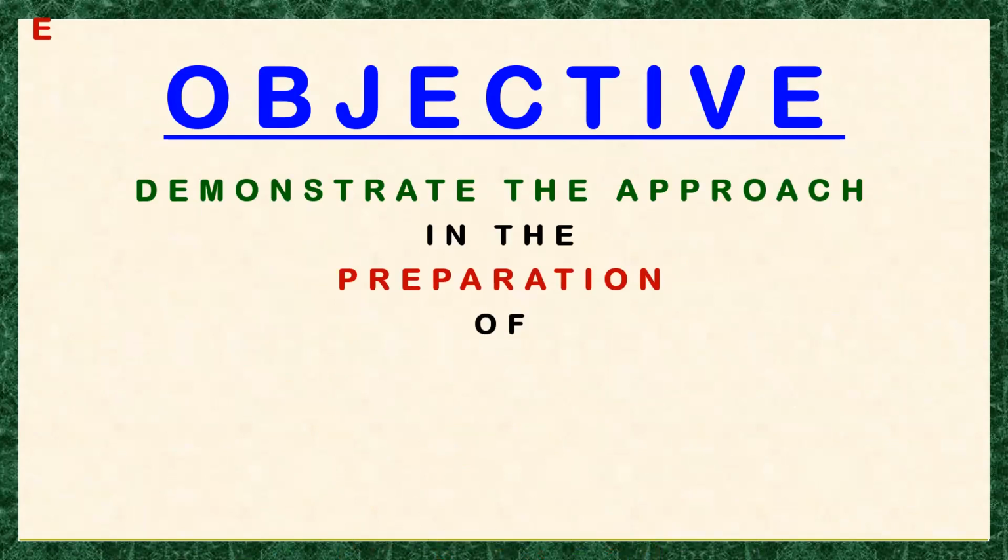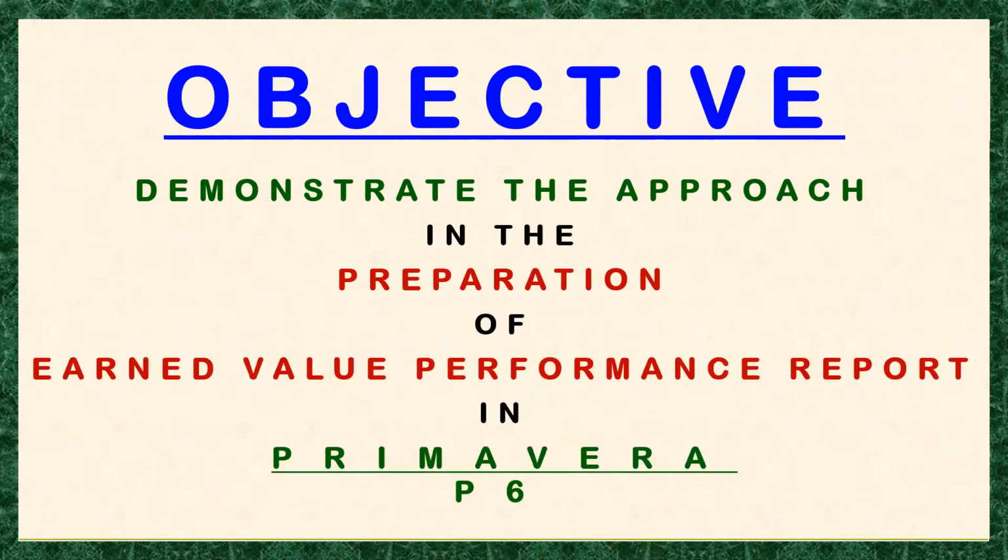Okay, our objective here is to demonstrate the approach in the preparation of earned value performance report in Primavera P6. So project earned value report can also be called a performance report, where performance of the project is determined in comparison against the planned budget and the actual project expenditure respectively.